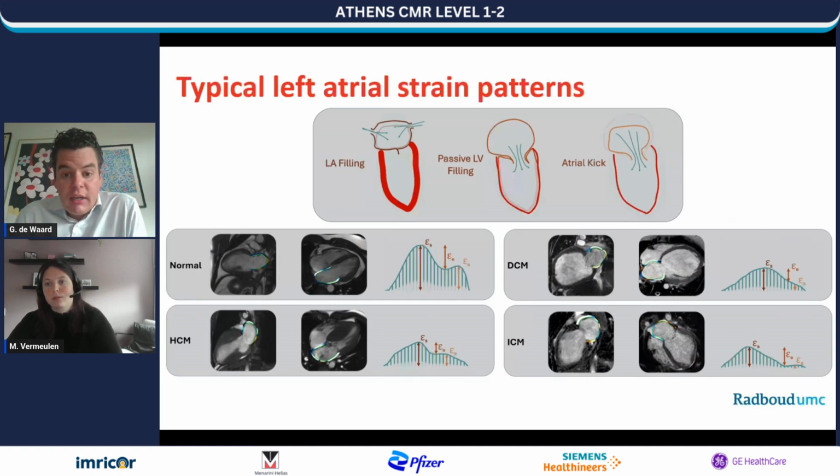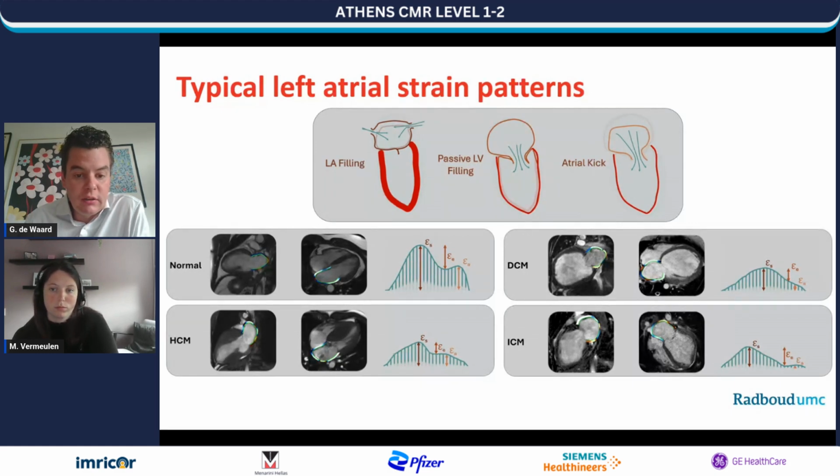So you can appreciate multiple different left atrial strain patterns. Normally, there's of course a high left atrial strain with both a good passive filling and a good atrial kick. In advanced stages of HCM, when there's only a little bit of HCM it will be less, but especially in advanced stages there's also atrial myopathy.